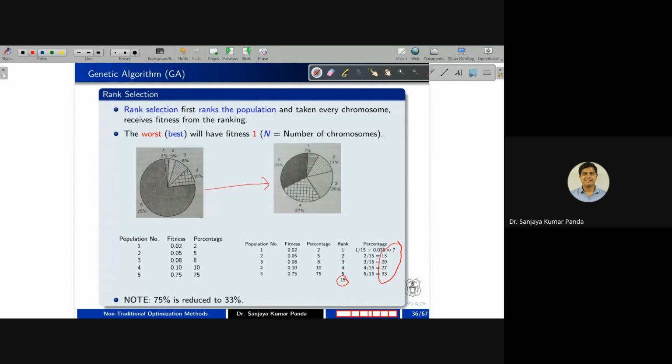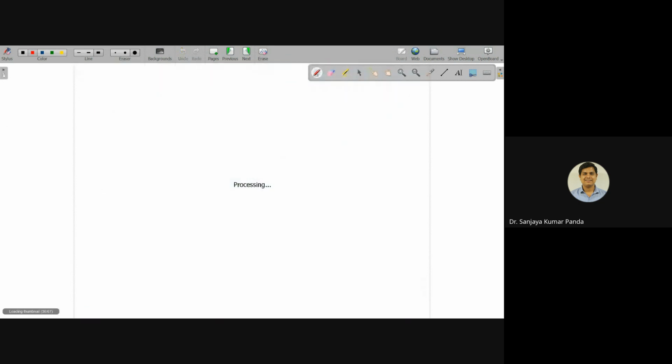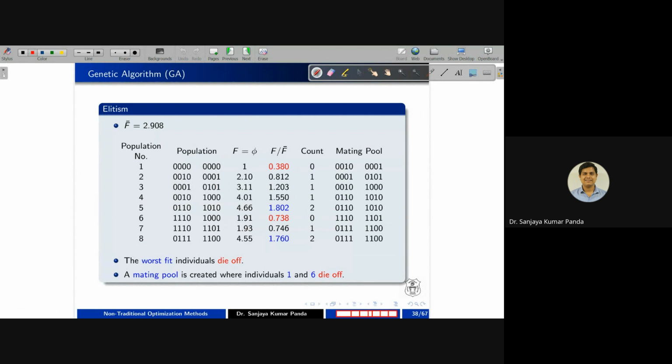Although you can still see more area is occupied by that particular population, it is not like the previous one. That's why many people prefer rank selection instead of taking the relative selection. Okay, so like that, there are other methods too. I'm not telling you each and every method. There is another method also.